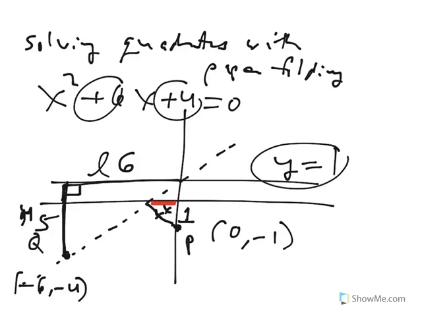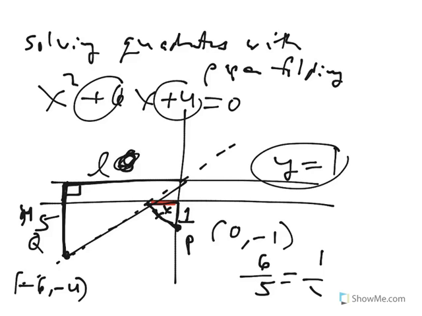So when these two triangles, this one here and this one here, are similar triangles, so I can say 6 over 5 is equal to, I think, 1 over, hold on a second. Oh, I see, I have an issue here.